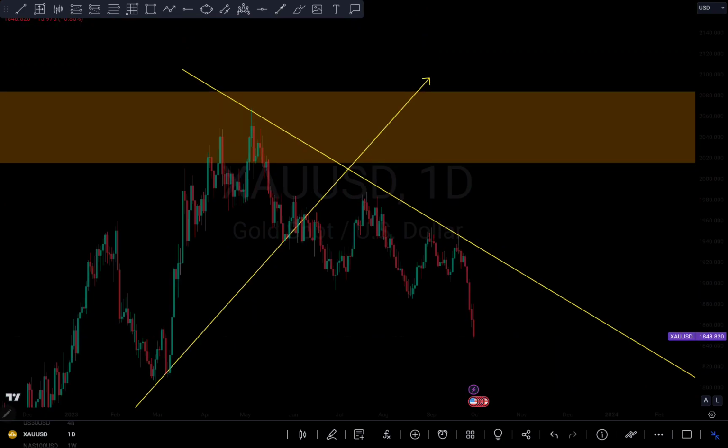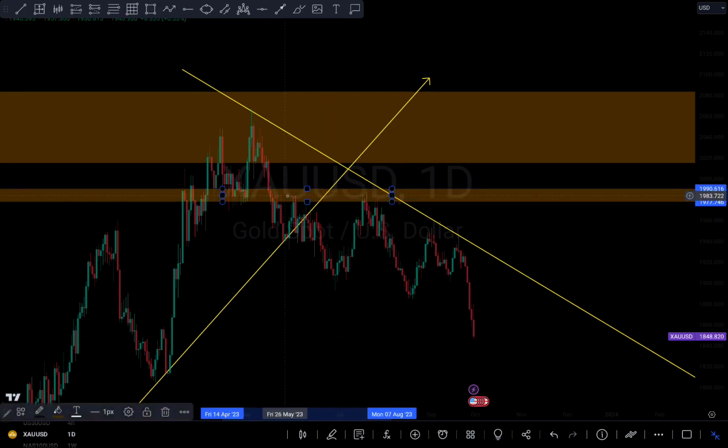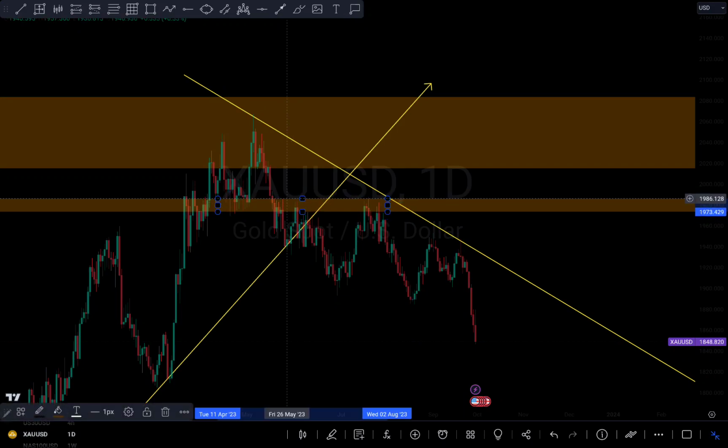We can have multiple trend lines, we can have multiple support and resistance. So now I can have a mini support and resistance right here. You can have one here. So why do I have a support and resistance here?